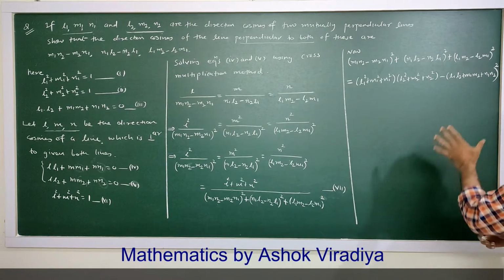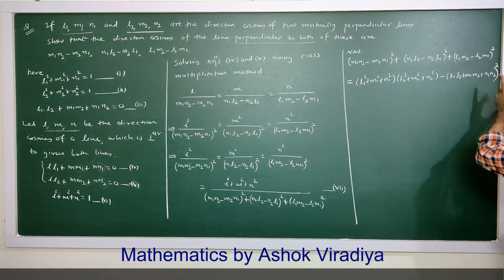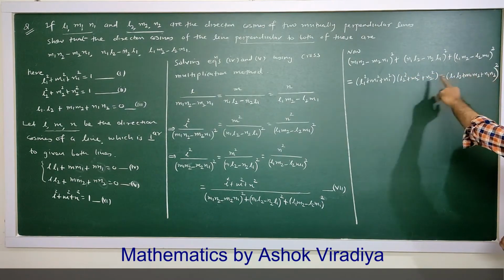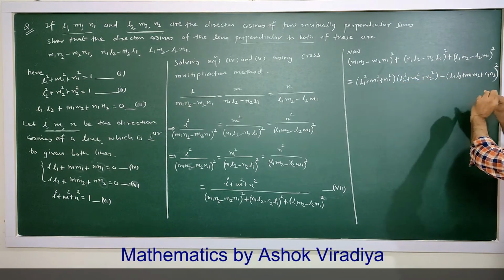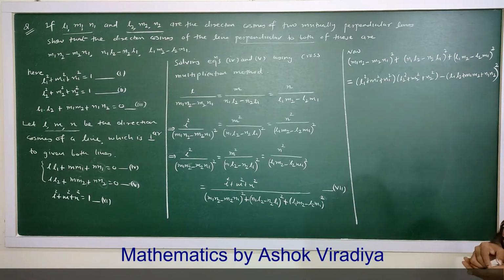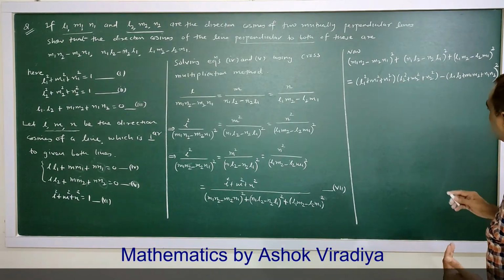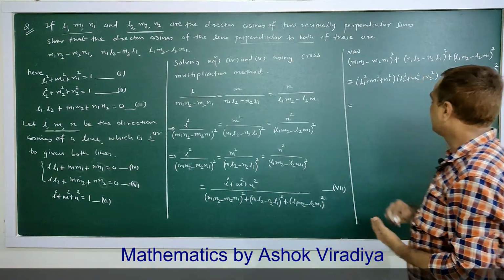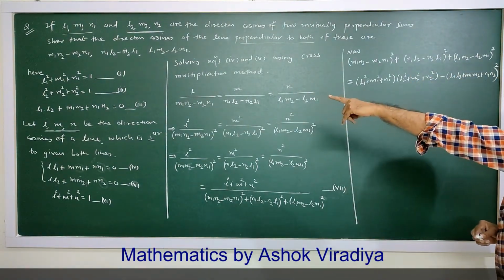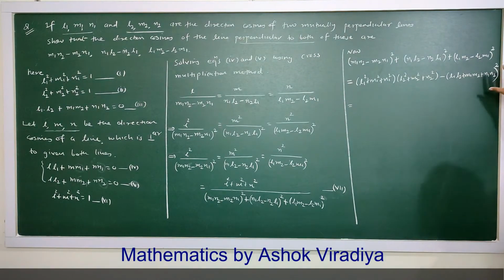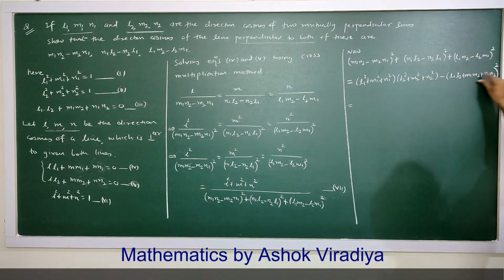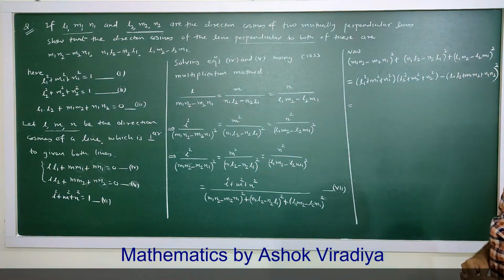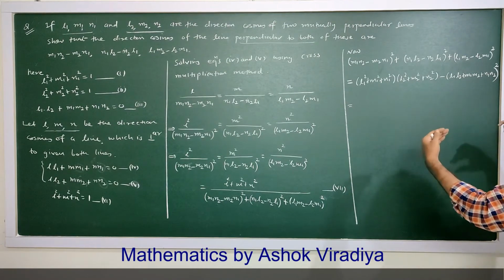So this expression can be expressed in this way. Now putting values, you have to learn this statement, that this is the substitute for this expression which is in the denominator. You can verify this.